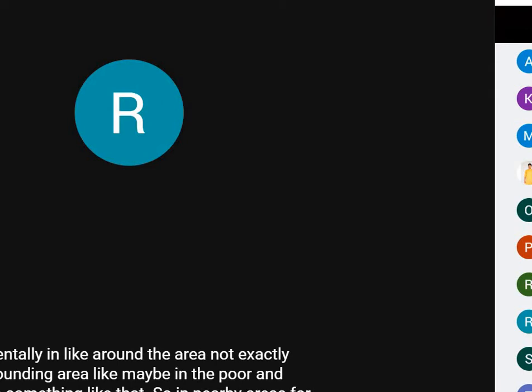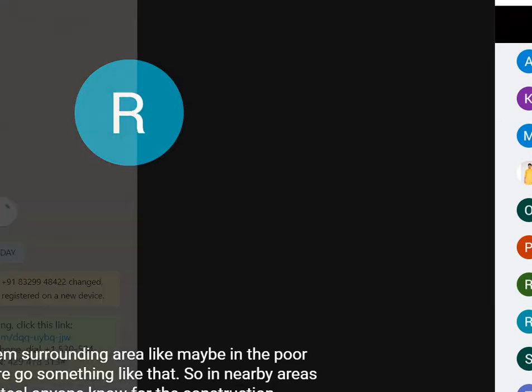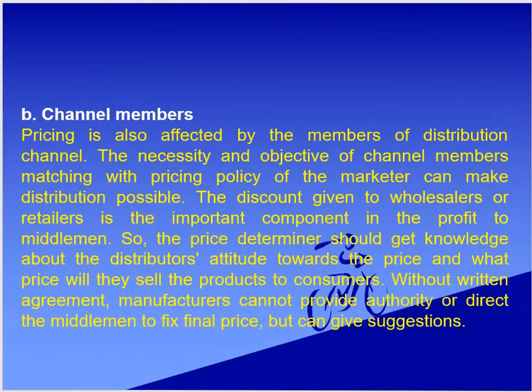Do you know any brand of steel which is used in construction? No, anyone, not any. Good. Okay, so Kalika, that is the most sold brand, and I hate that brand because it's still not good.